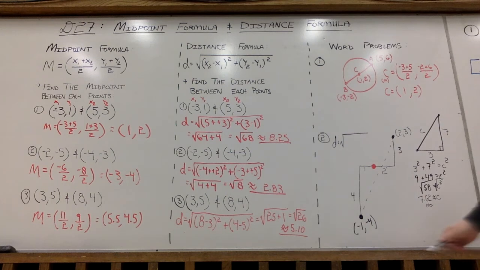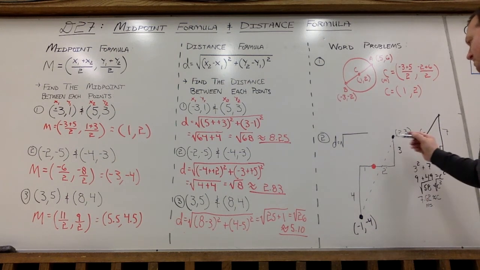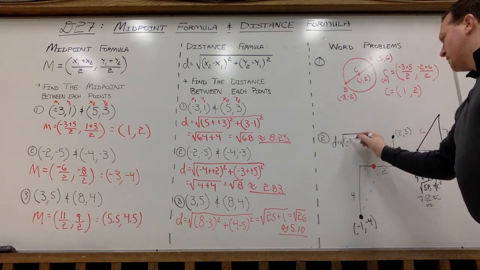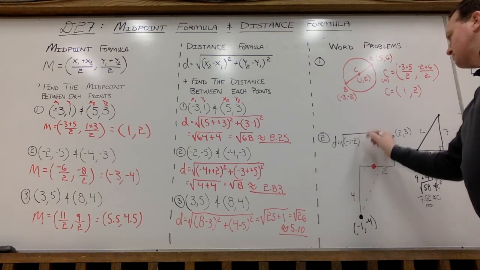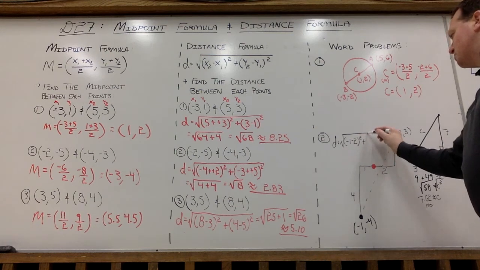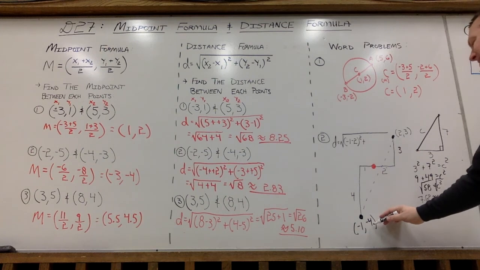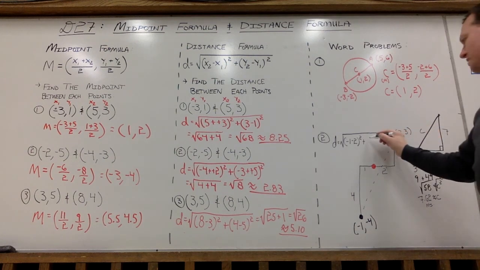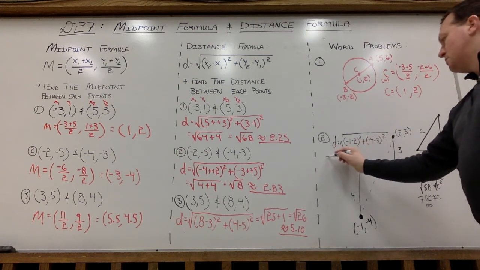So we'd have x2 minus x1, -1 minus 2, squared added to -4 minus 3 squared.